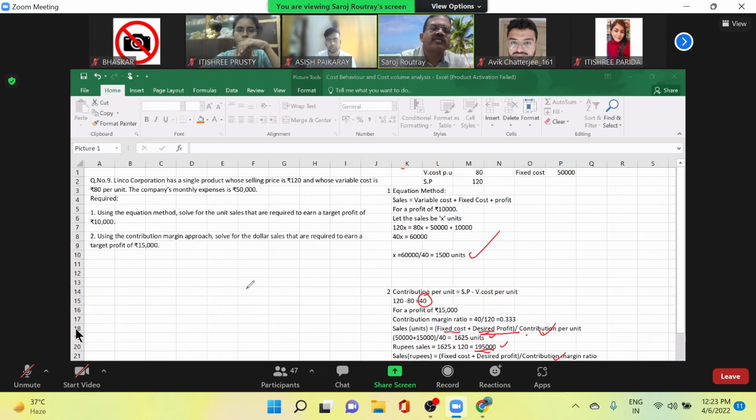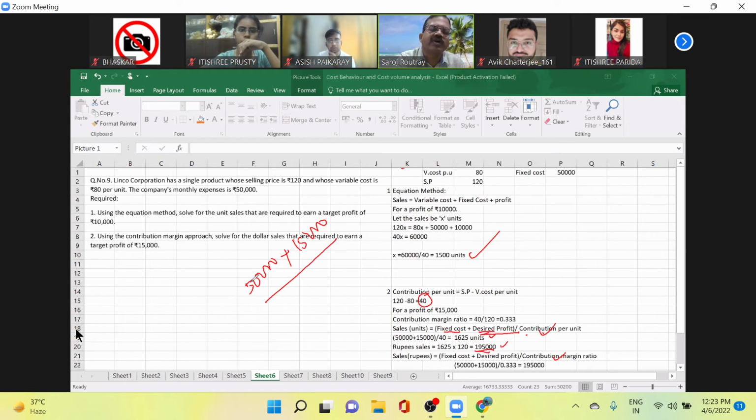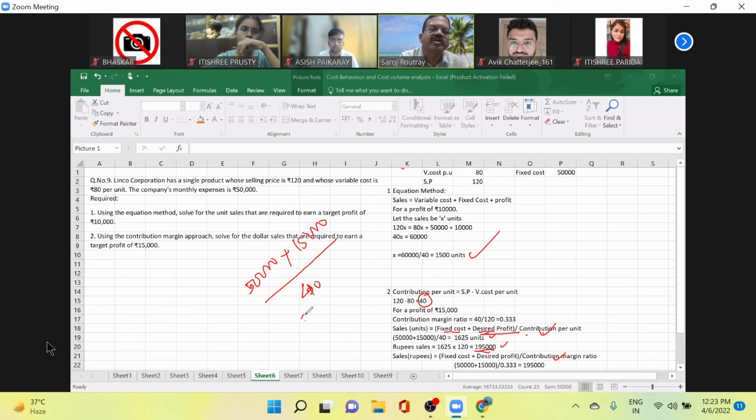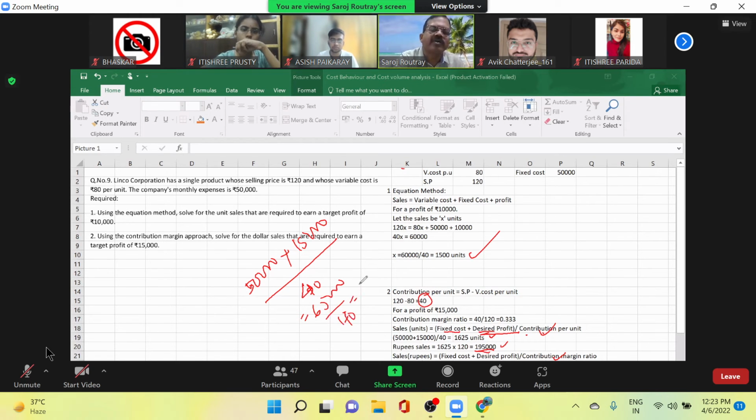Your fixed cost is 50,000 plus 15,000 profit you want, so you need to recover 65,000. Per unit contribution is 40. So 65,000 divided by 40 is 1625. This is one way.